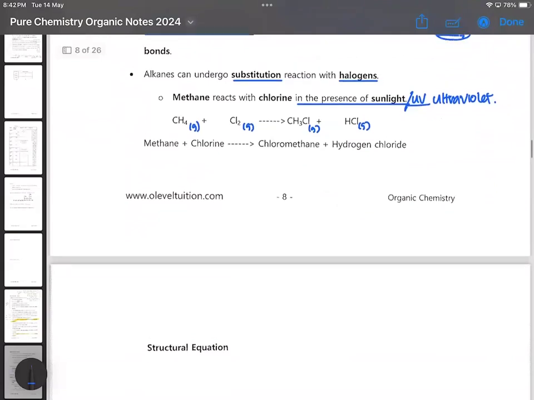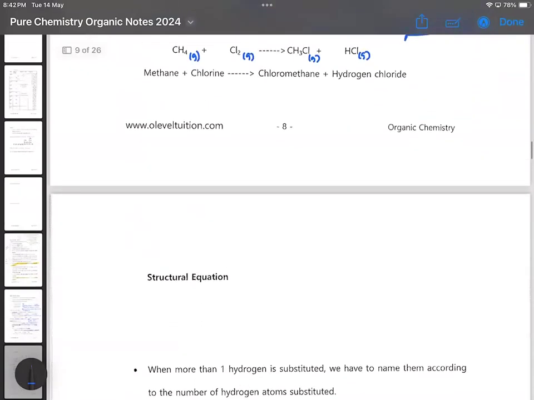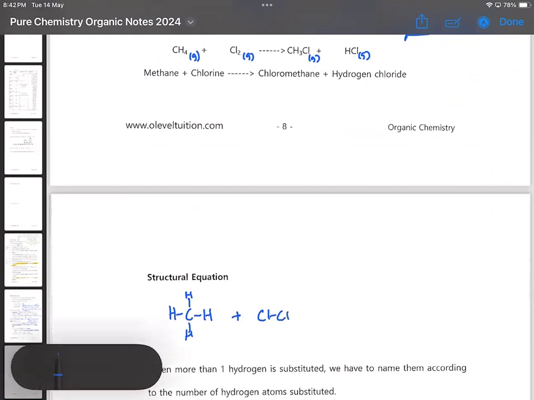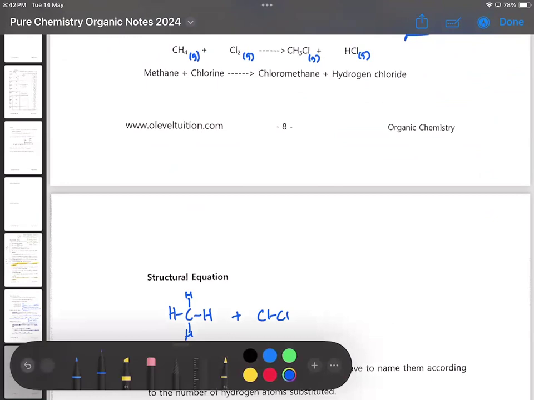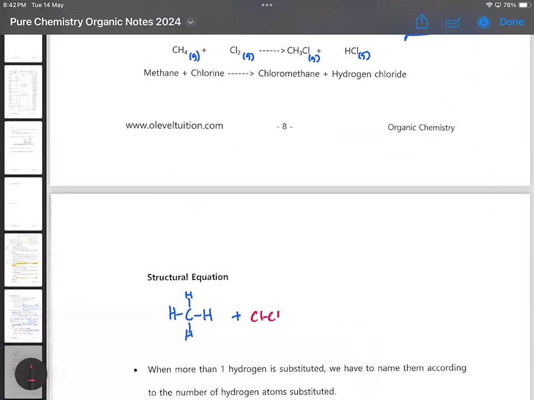So what actually happens in the structure? Let's look at the structural formula or the structural equation. We have the methane. We have the chlorine.